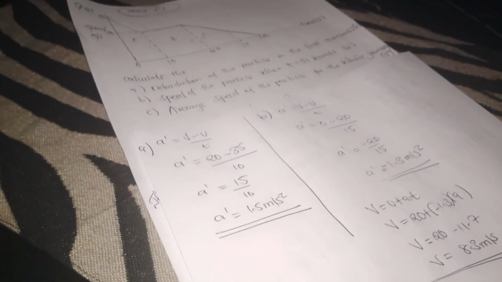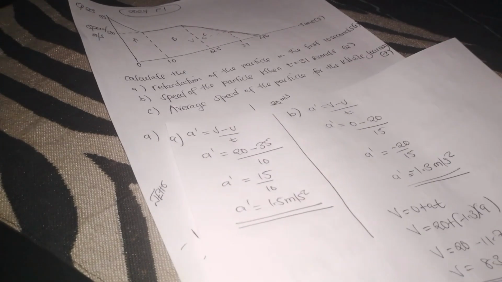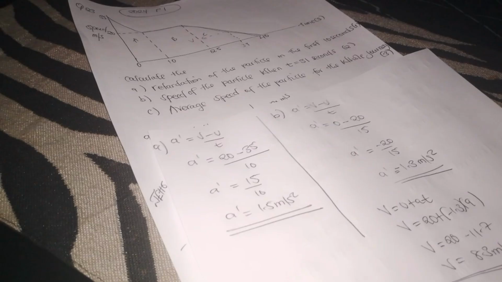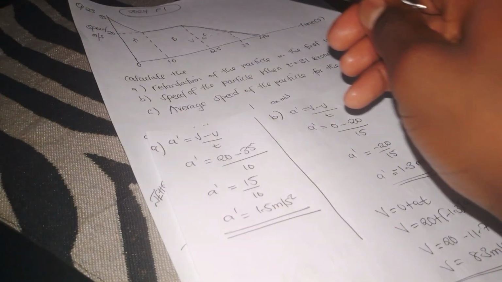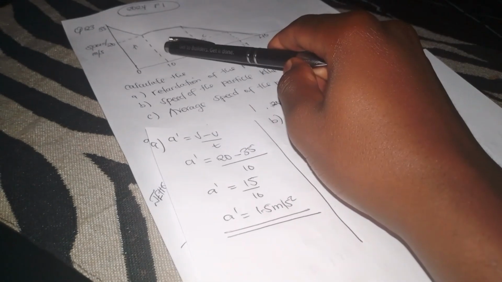Then the last question is saying calculate the average speed of the particle for the whole journey. So I think this one I'm not going to answer for you. All you have to do is to find the area of this shape and the area of this shape.